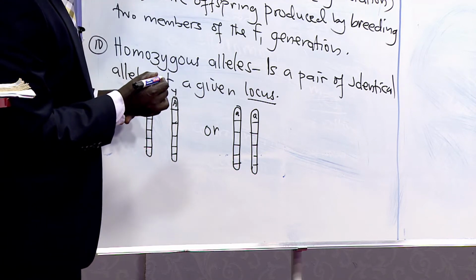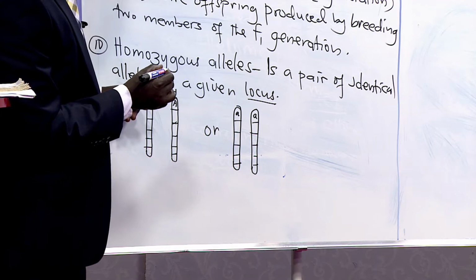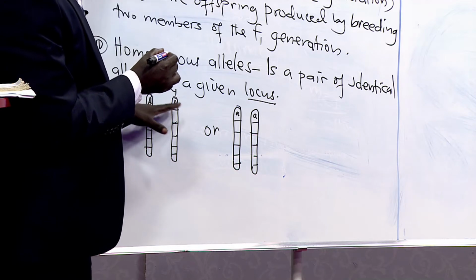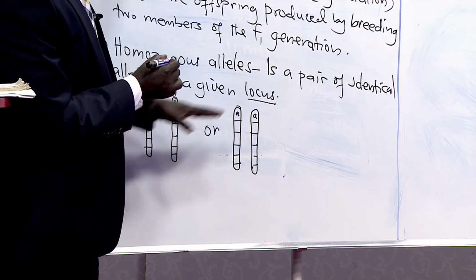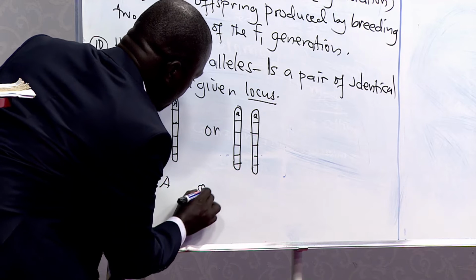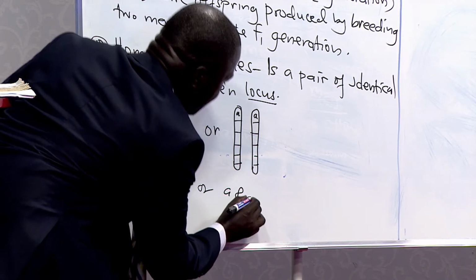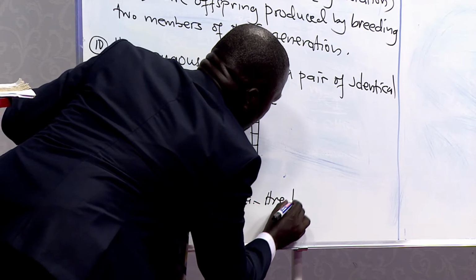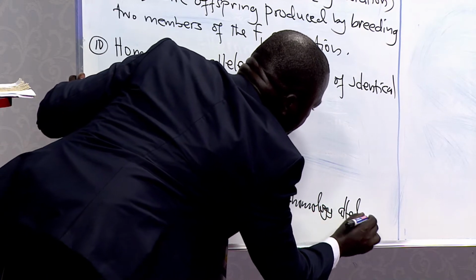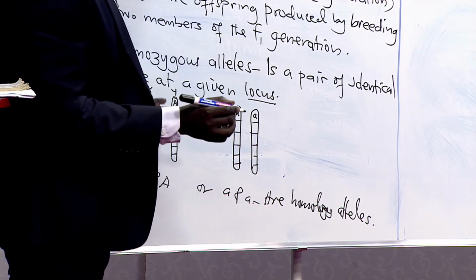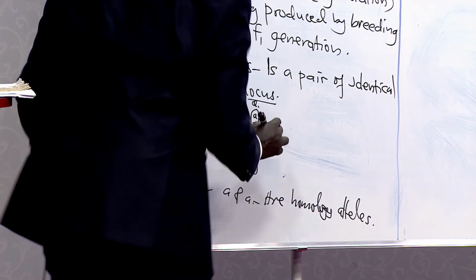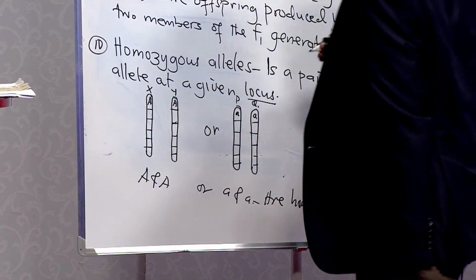The alleles A and A on X and Y are identical, so they are homozygous. P and Q we can give as another example. So that is number 10.